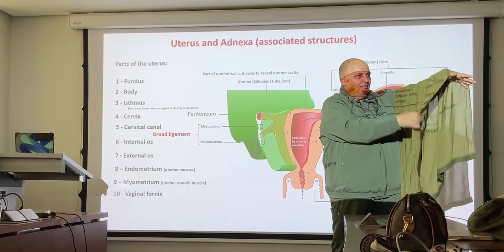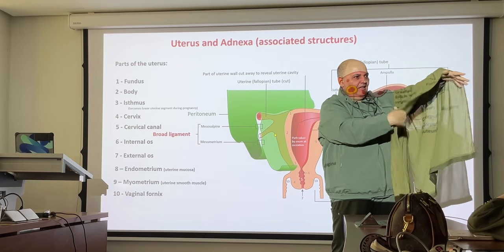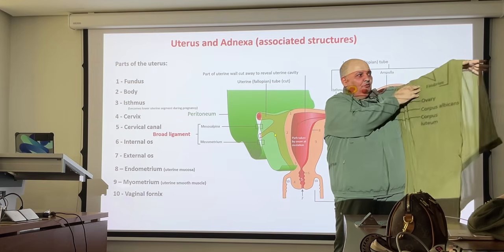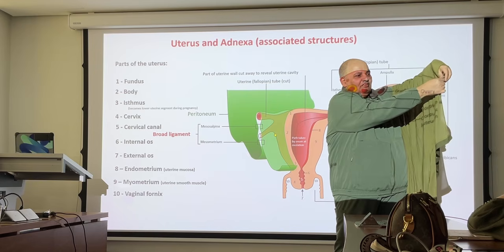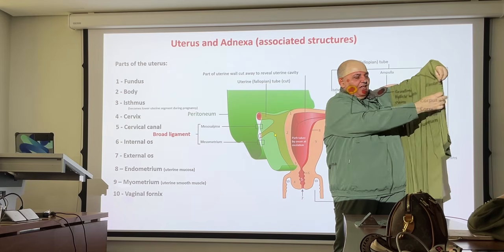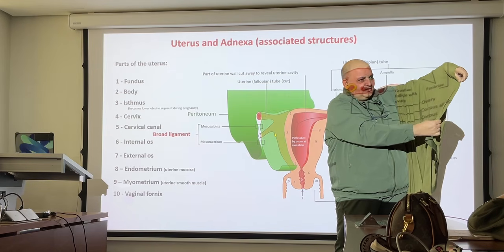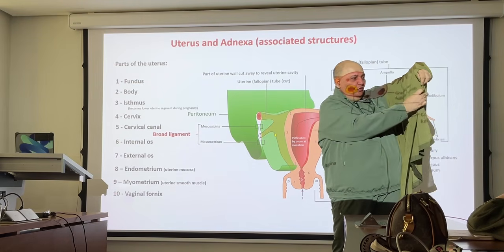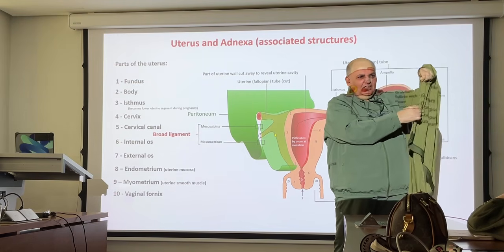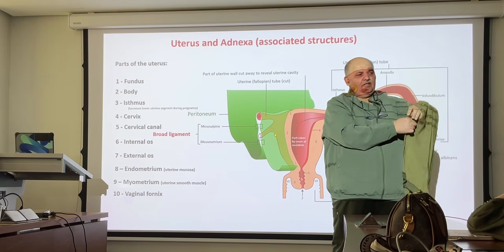So, same parietal peritoneum, anterior layer, posterior layer. This is the tube, so I'm just pinching here. I'm calling this my mesosalpinx. Then I'm pinching it here between another tube, mesometrium. Make sense? The whole thing is broad peritoneum, and these two folds at this location, these folds of peritoneum, we call the broad ligament.